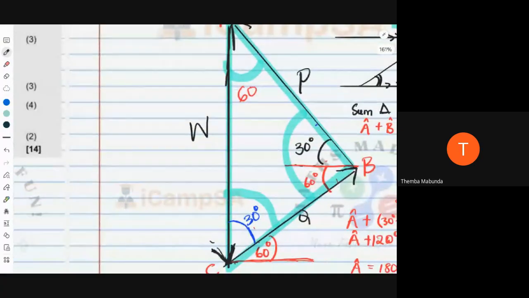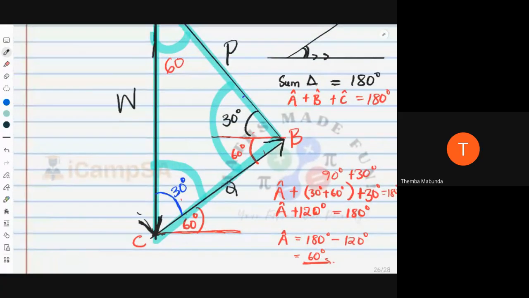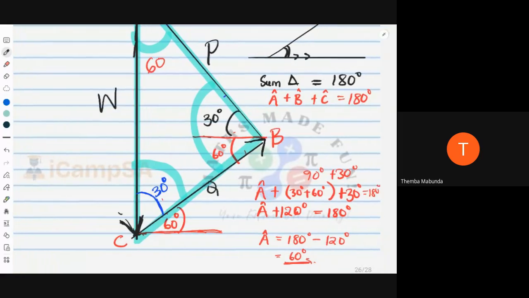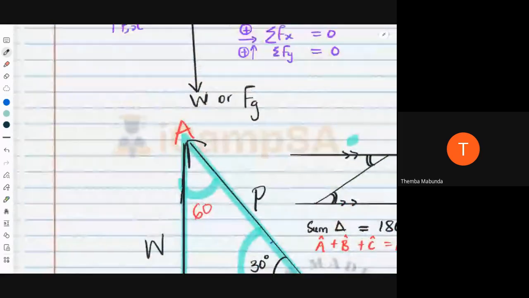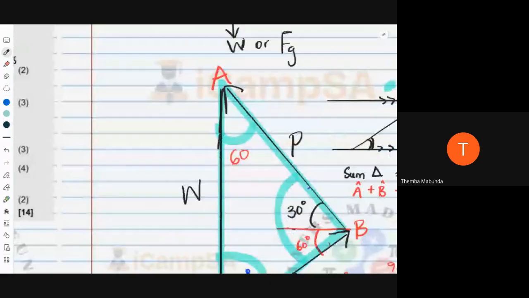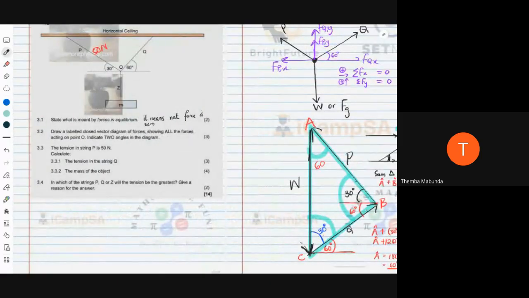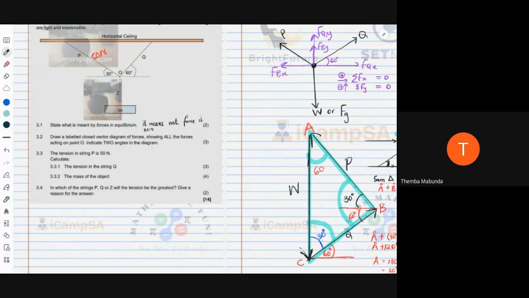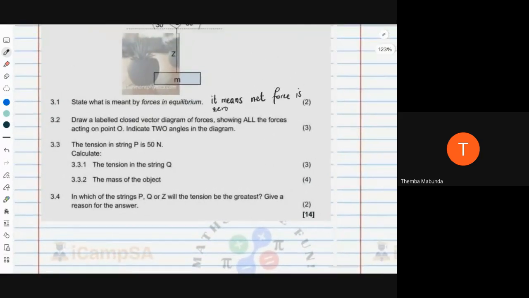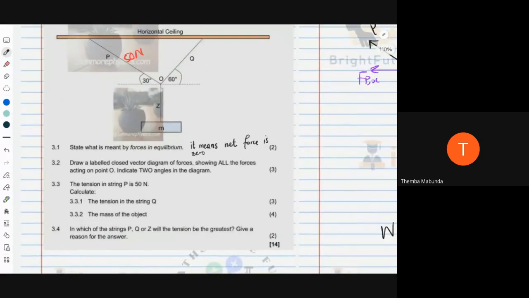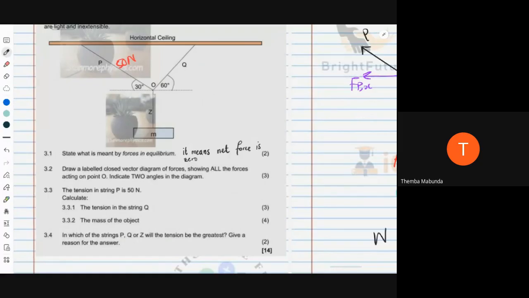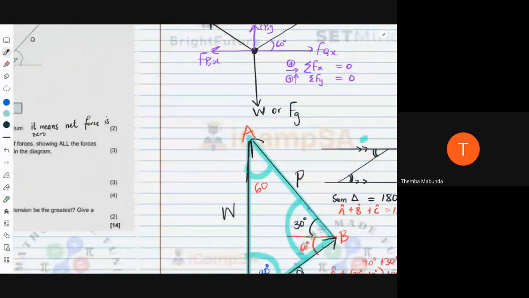Oh, you can calculate. Okay, we already know Q. Q was 86, is it? But by looking at it, it would have to be Q. Yes, it would have to be Q. Because it's already 86, is it?